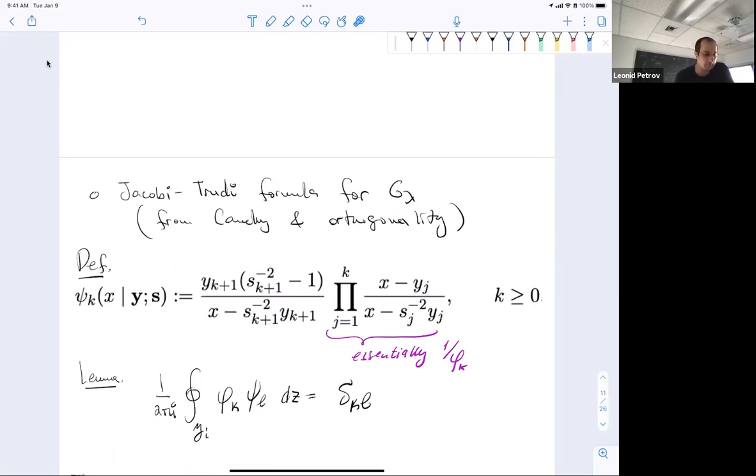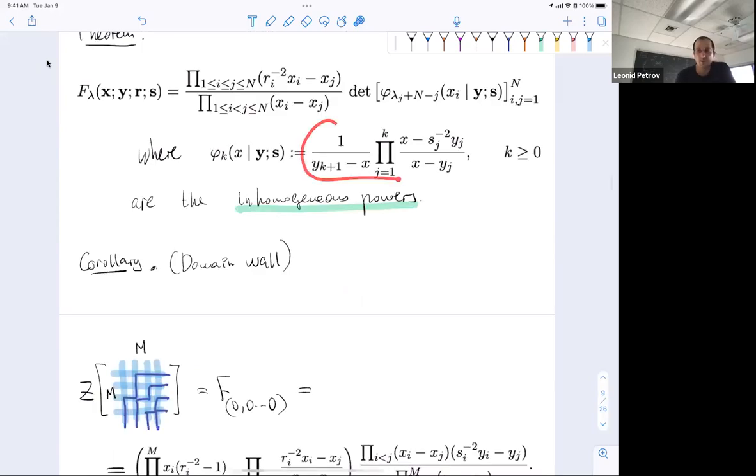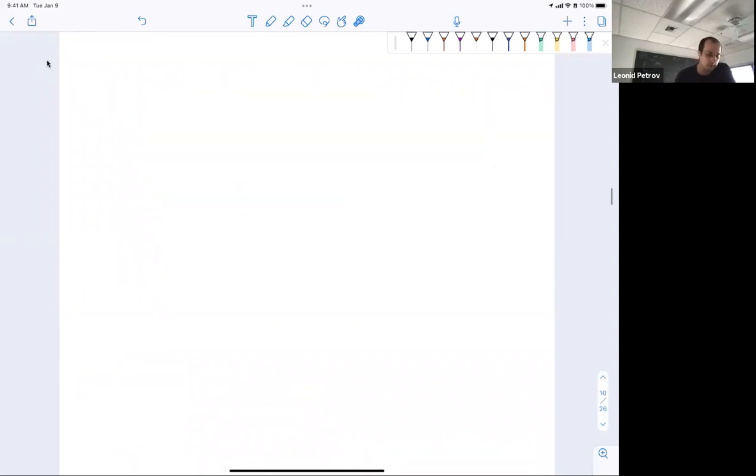As I said, phi functions look like power functions, and in particular, they are going to be orthogonal on the circle, actually bi-orthogonal with respect to some other family of functions. So these phi are like positive powers, and then I take psi, which are analogs of negative powers, and their products are going to be delta orthogonal on the unit circle.